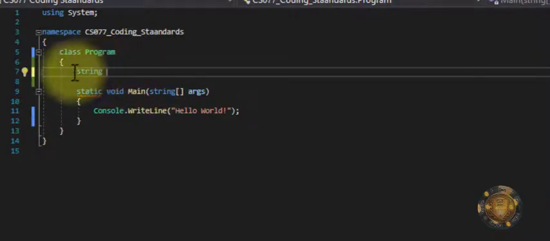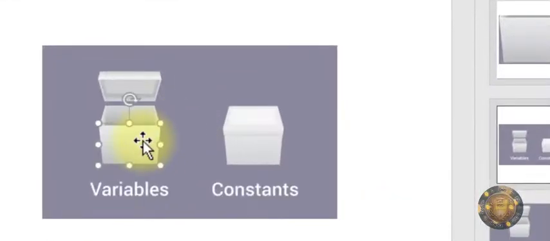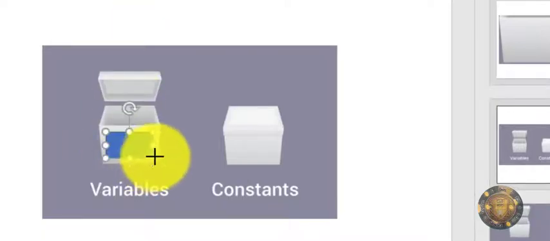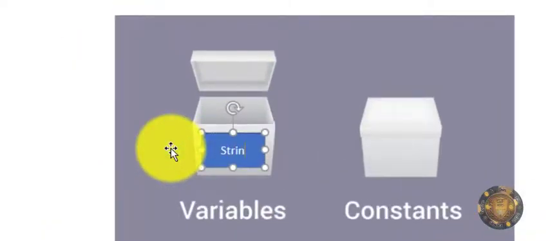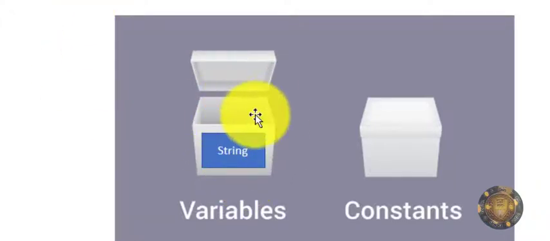Now, as I add that string declaration, basically I'm saying this box can only take strings. I'm just going to label that box string. So that means the only thing that goes in that box are strings.